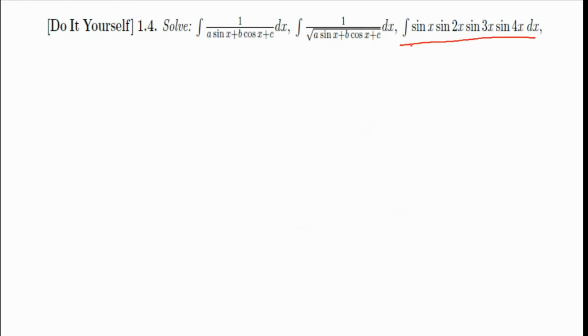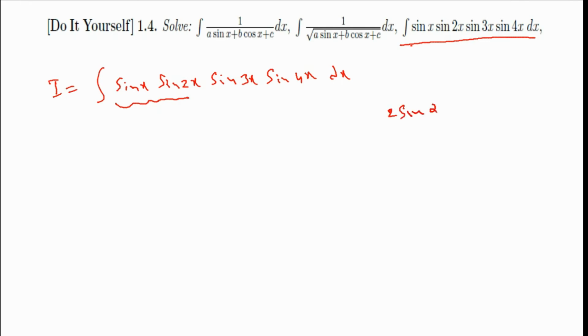So there will be 4 sine functions in multiplication form. So I equal to integration sin x, sin 2x, sin 3x into sin 4x dx. Now we will take 2 functions and then use the formula. So the formula, just recall the formula: 2 sin alpha sin beta equal to cos alpha minus beta minus cos alpha plus beta.